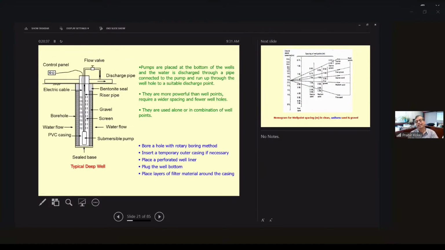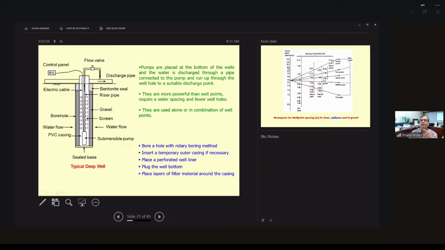So this is the deep well system. Again, the deep well system generally uses a submersible pump. There is a PVC casing, and on the top there is a bentonite seal, and there is a riser pipe, and then the header pipe should be connected. It's the same concept, but the only thing is a submersible pump will be there, and that can pump from a really deeper depth.